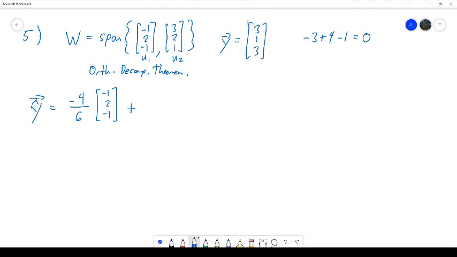That's going to be 9, 11, and 3 makes 14, so it's 14 over the dot product of u2 with itself, which is 9 plus 4 is 13, plus 1 is 14, so 14 over 14 times the u2 vector. Okay, and if we only have two vectors, we only have these two terms, that should be it.